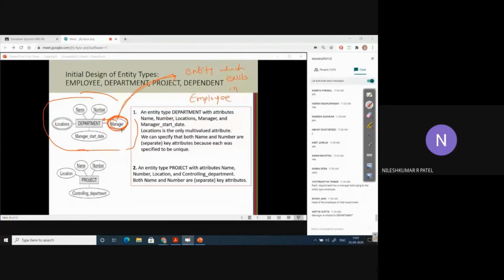So this manager is an entity of the employee entity type. By this attribute, we come to know that it gives us a hint about the relationship of the department entity type with the employee entity type. Yes or no, all of you?